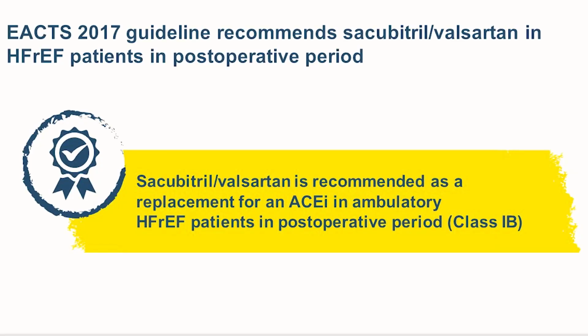So the guidelines also came up, and in the European guidelines in 2017, ARNI is recommended as a class 1B indication as a replacement therapy for ACE inhibitors in ambulatory patients with reduced ejection fraction in the post-operative period.